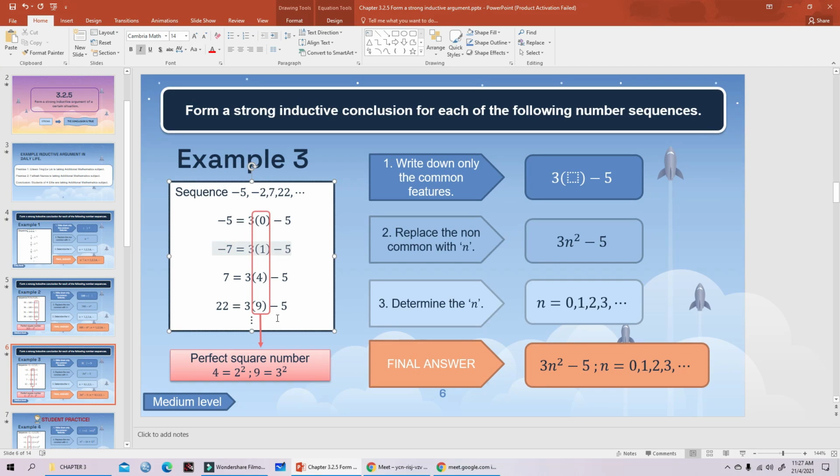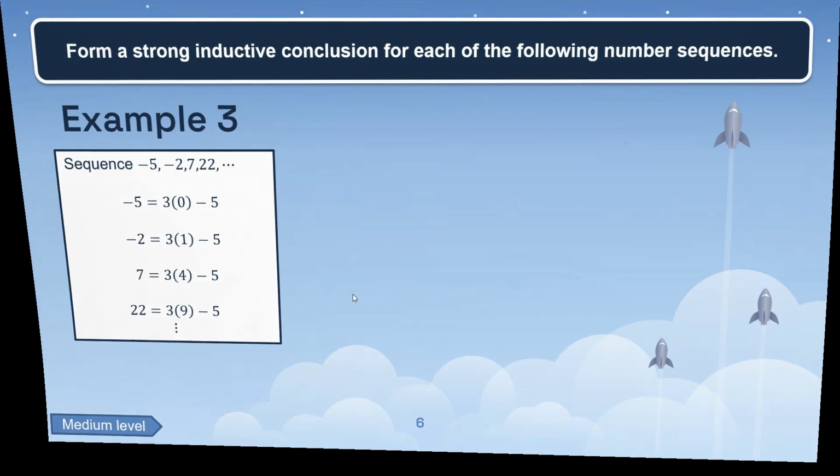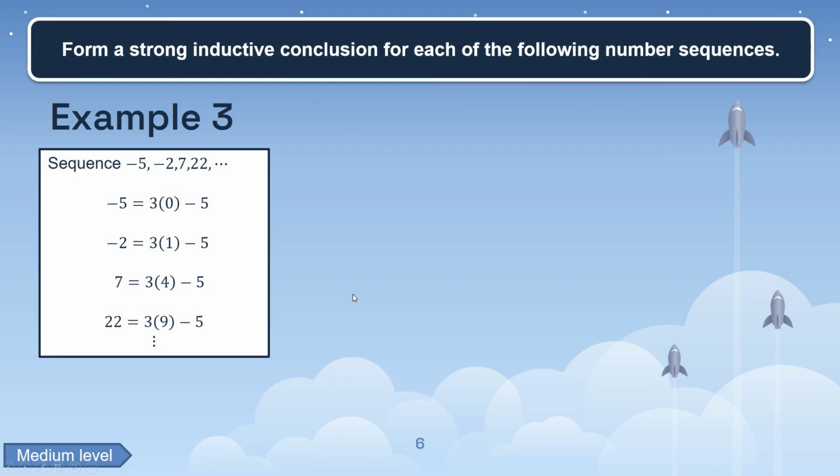Sequence -5, -2, 7, and 22. Okay, this is the quadratic function. We only take a look at the right hand side only. Okay, what is the first step?